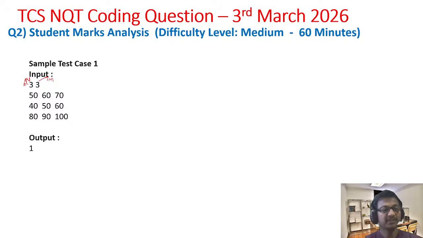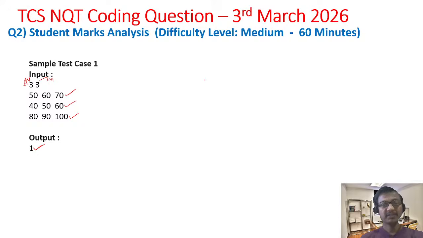Each row represents one student, as given in the problem statement: first student's marks in 3 subjects, second student's marks in 3 subjects, and the next student's marks in 3 subjects. The output is 1, which means out of 3 students, only one student has passed. So we need to calculate this output from the given marks.